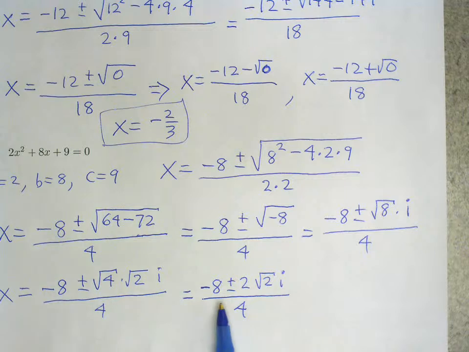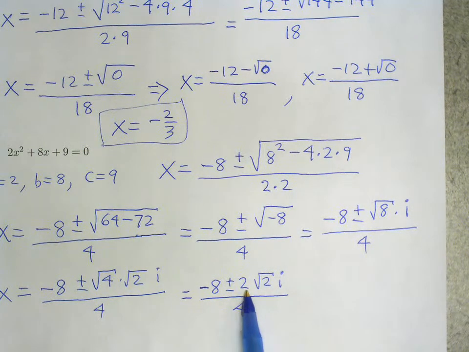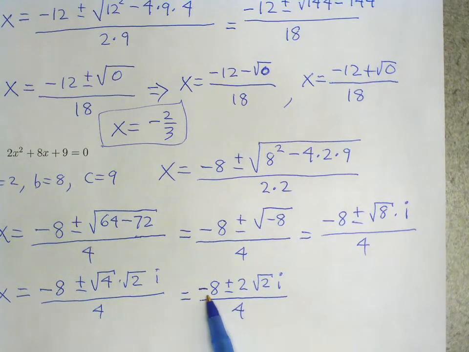Okay, so in the numerator, every term has a common factor of 2, and the denominator also has a factor of 2. So the greatest common factor of the number negative 8 and of the number 2 times the square root of 2 times i and the denominator 4, the greatest common factor of all three terms is 2.